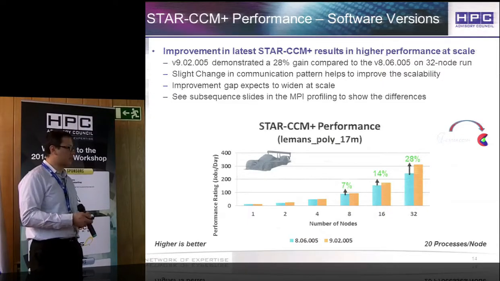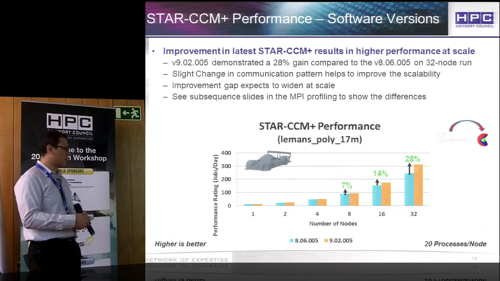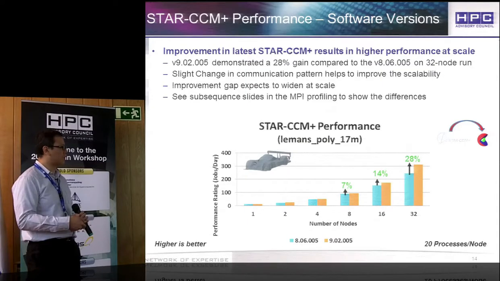Surprisingly, it didn't occur to me that using a more recent version would have such a huge effect on the performance, more so in scalability, because on the 102 node or 400 cases you don't see much difference, but as you scale your job to more systems and more CPU cores, the effect of the improvements is pretty apparent. We see up to 28% improvement at 640 cores or 32 nodes.